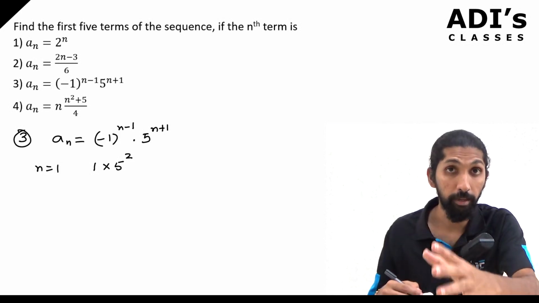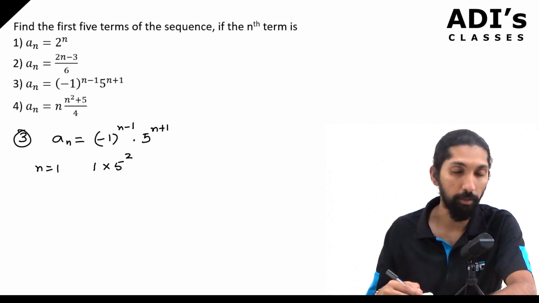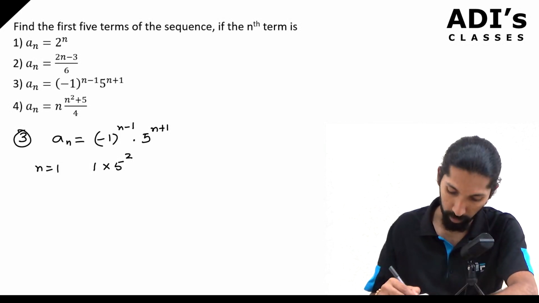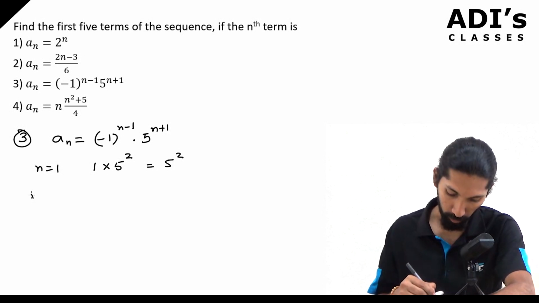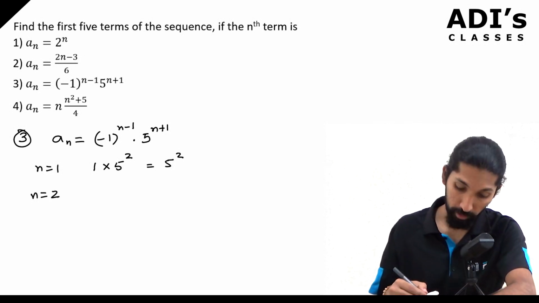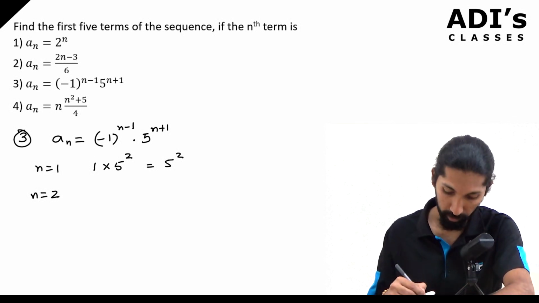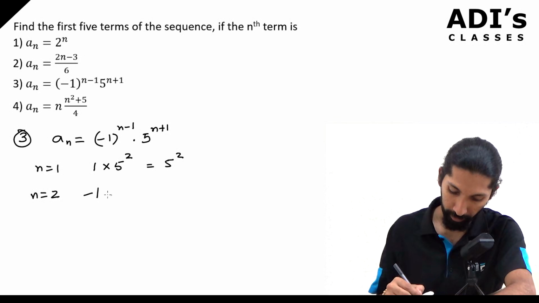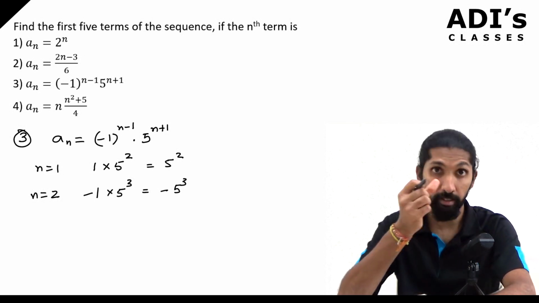We get 5 square. Just keep it as it is, you don't have to take it as 25. So we just have 5 square. Next, n is equal to 2: minus 1 whole to the power 1, because it's 2 minus 1. That's minus, into 5 to the power 3. That's minus 5 cube.